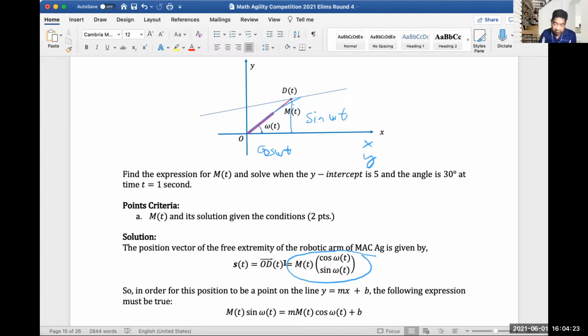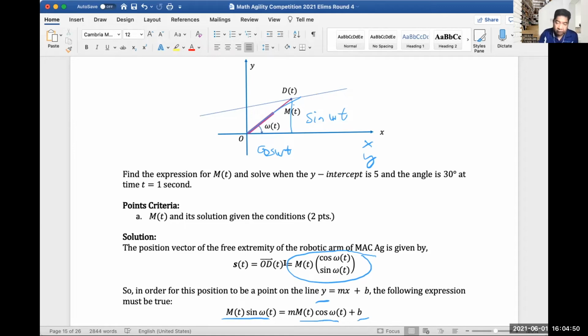So in order for this position to be a point on the line y equals mx plus b, the following must be true, right? m of t sine omega t, so that's our y, right? mx, so the slope m times x, where x would be m of t times cosine omega t, plus our intercept b.